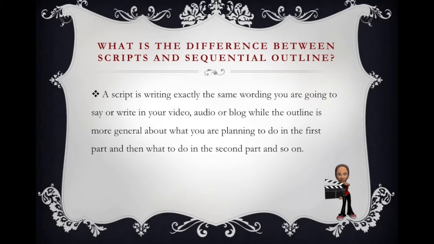But when I write a script, I write exactly what I'm saying to you right now. This way, I know exactly what I can say in each part of the slides. Of course, that might change while I'm recording, but basically I have the same exact idea written in front of me in my script.